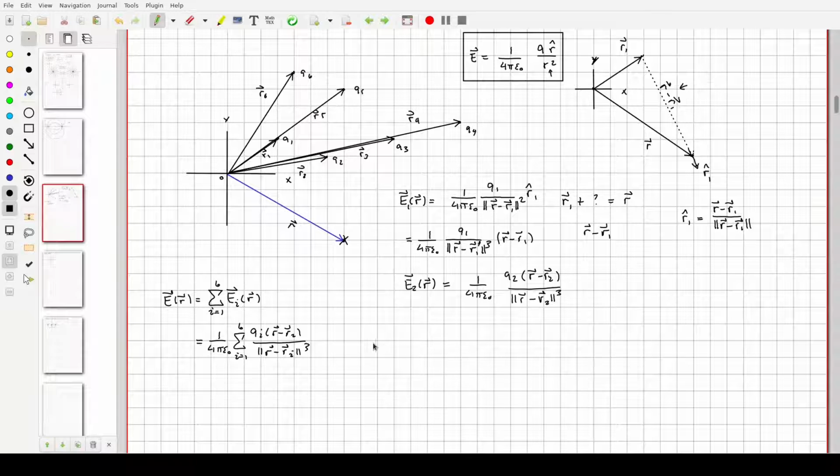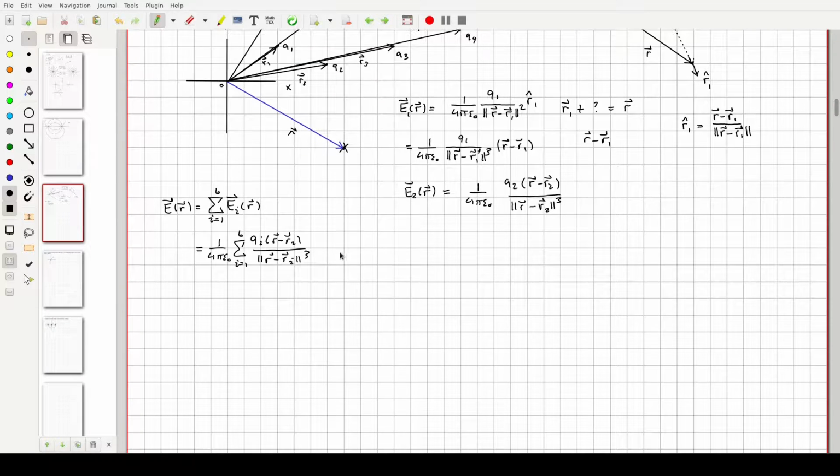Now, this is typically how we write discrete charge distributions. This is the electric field.